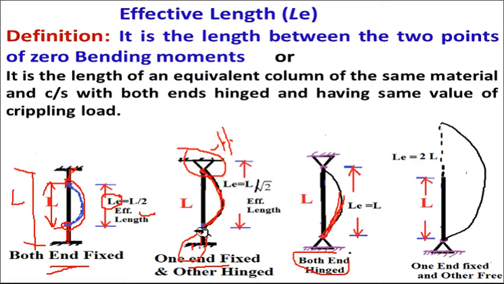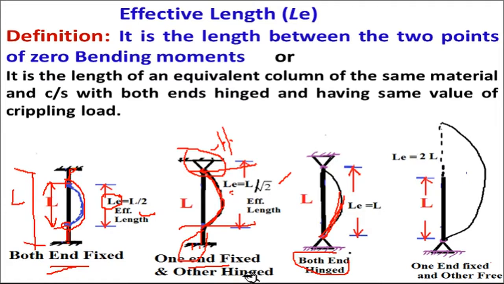Now what is the buckling length? Means from this point to this point. This will be the effective length, and this effective length LE is equal to L by under root 2. That will be the effective length when one end of the column is fixed and the other end is hinged.